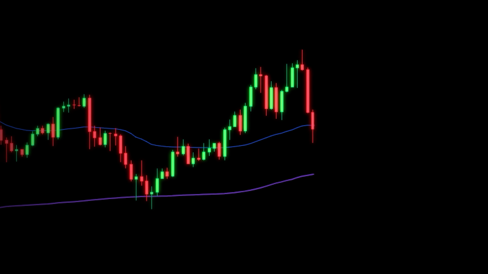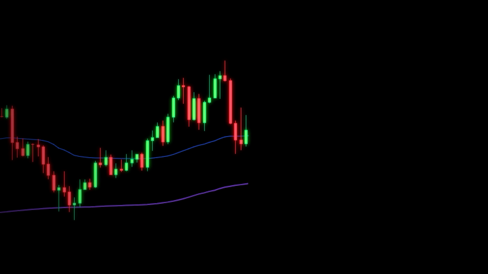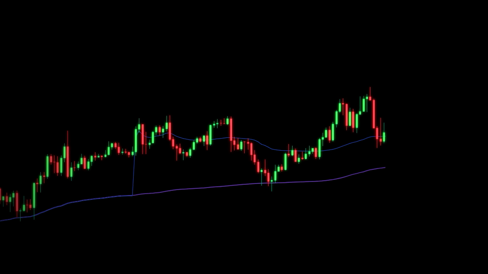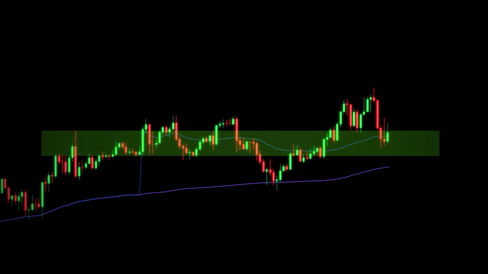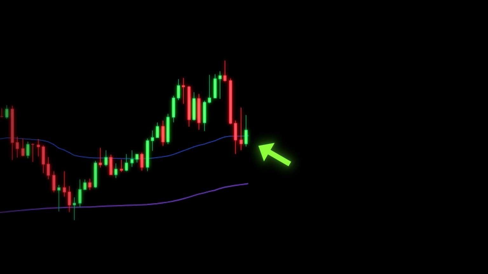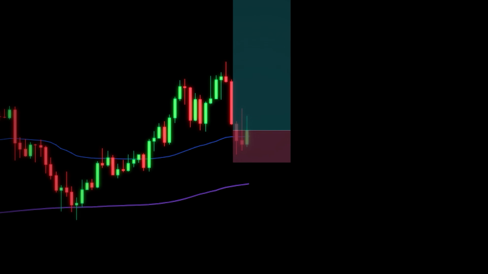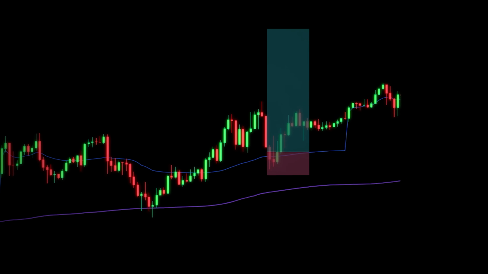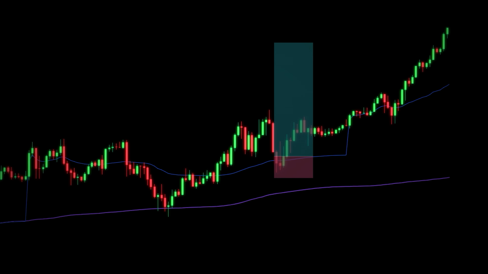In this scenario, we could look for a long opportunity as it retraced back to the session VWAP. This just so happens to line up with an old horizontal level, which just adds confluence. We can look to enter when we get some confirmation, like a bullish engulfing candlestick right here. Simply setting our stop below and aiming for targets above.